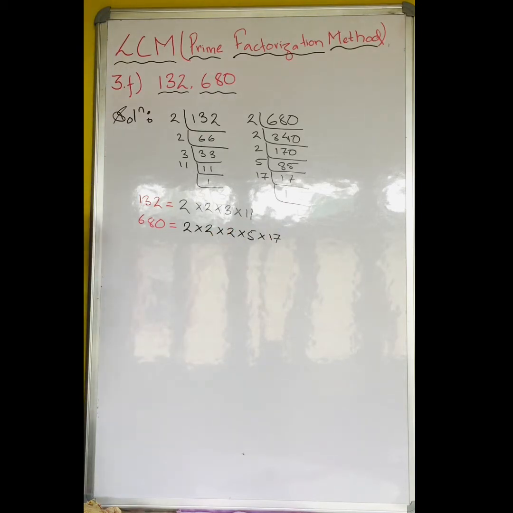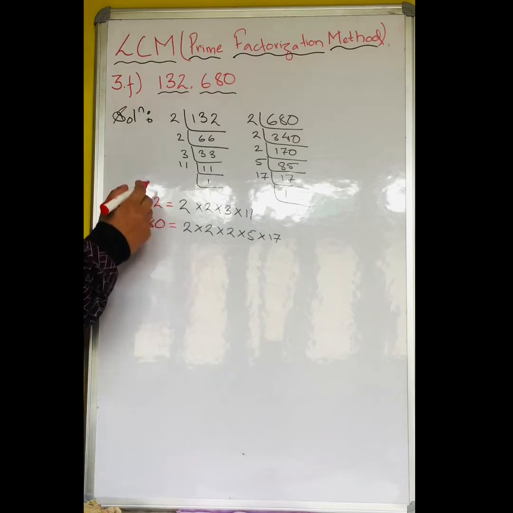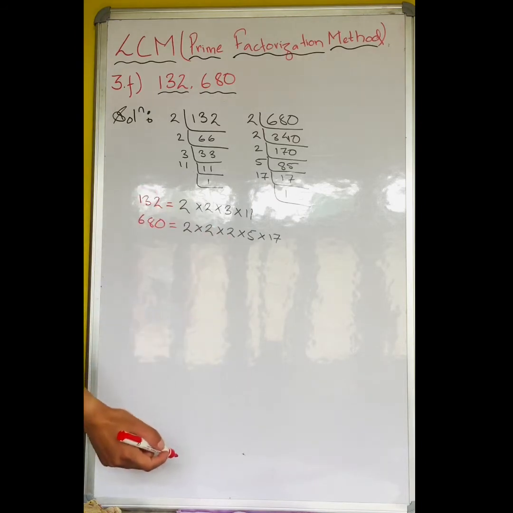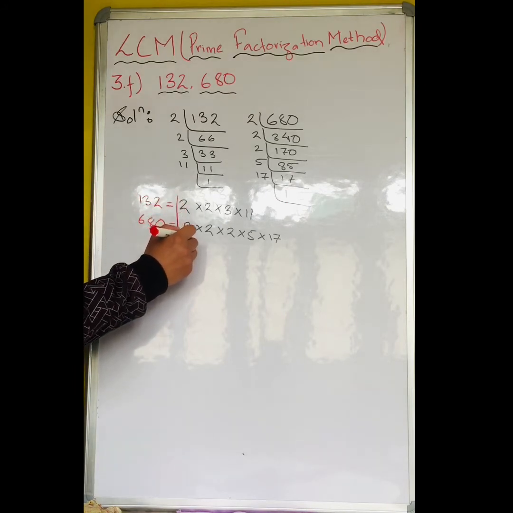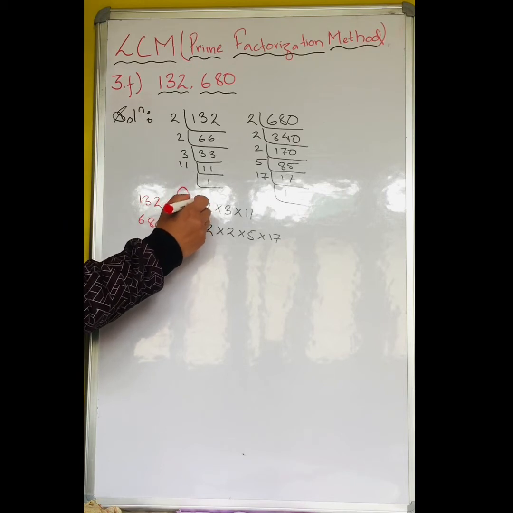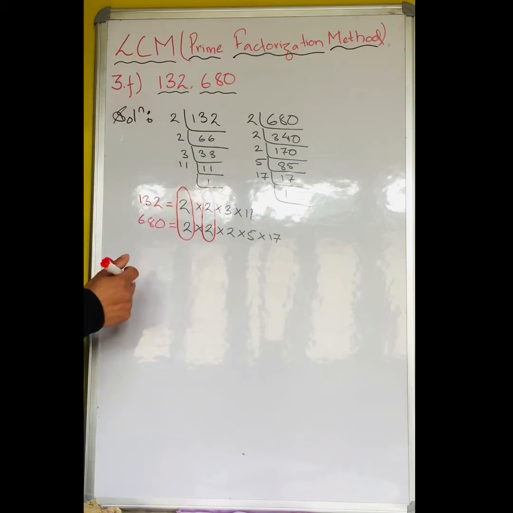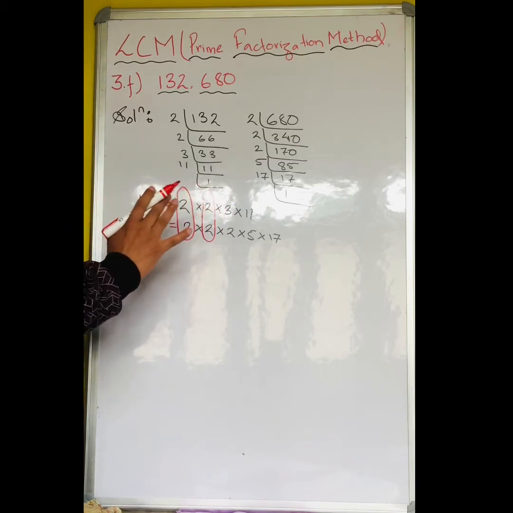Now here is the important part. You have to separate the paired ones. In this you have to look for numbers which have a similar factor in both the numbers. In this case we have 2, and again we have 2. The rest of the numbers cannot be paired.